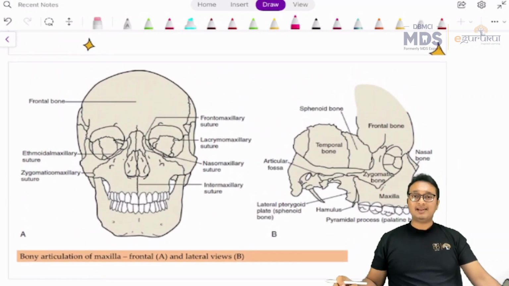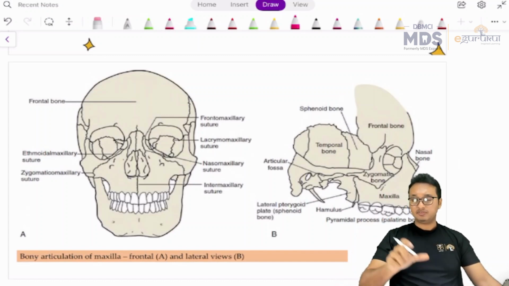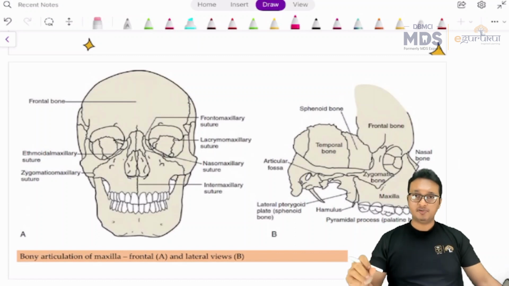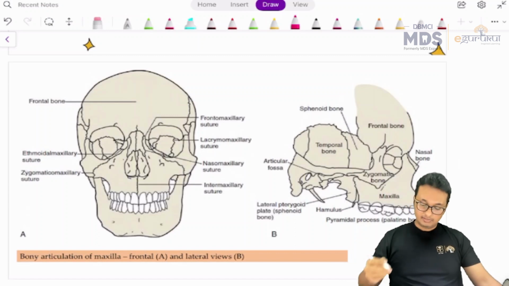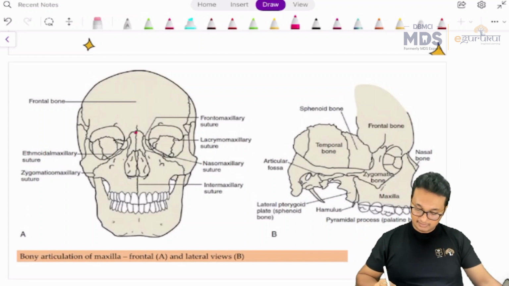Now, applied anatomical aspects of the maxilla. As you see, the maxilla is a very complex bone, right? It is a pyramidal shaped bone which is joined with so many other bones in the craniofacial skeleton by means of intermaxillary sutures. There are many sutures present. So this is the maxilla. This is one half of the maxilla.